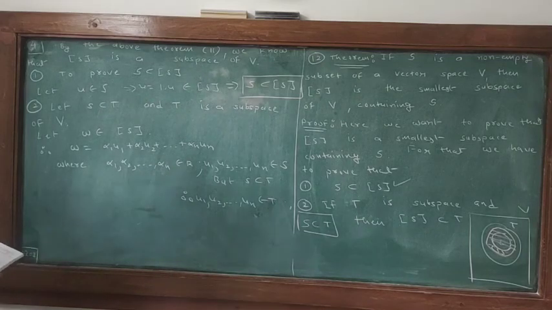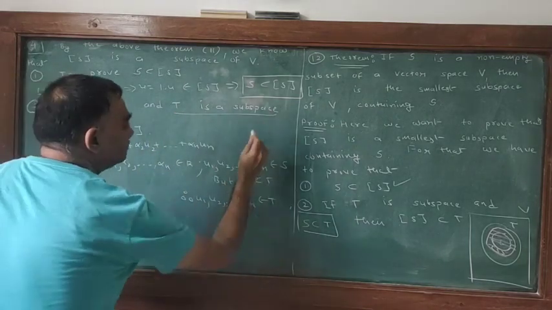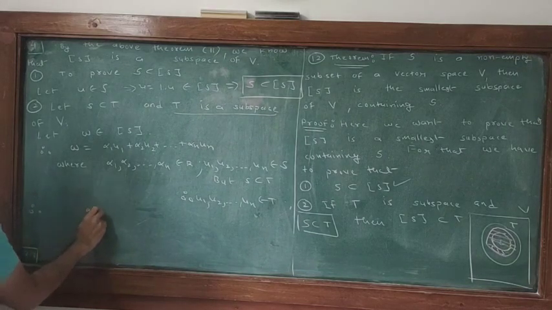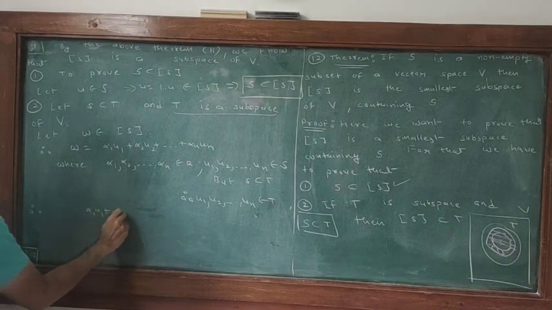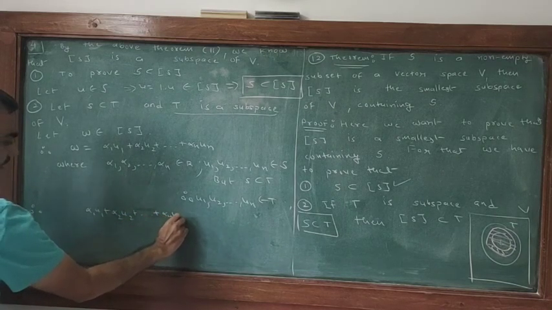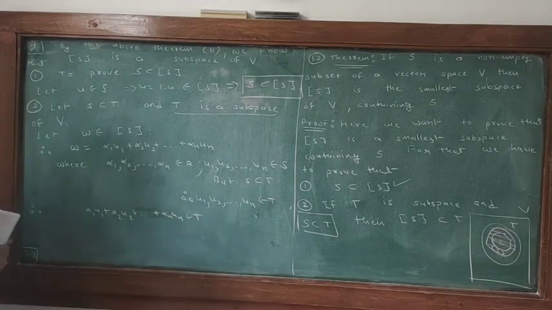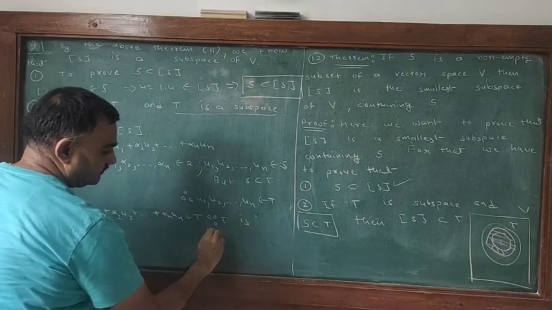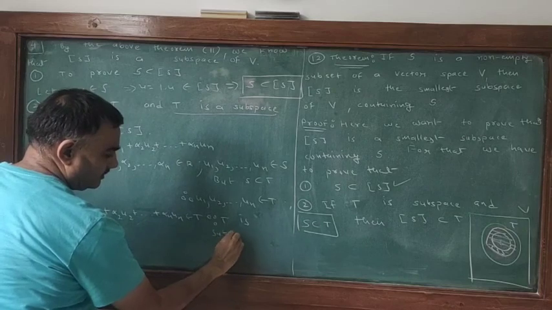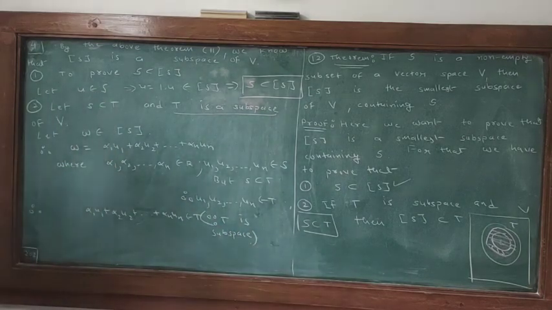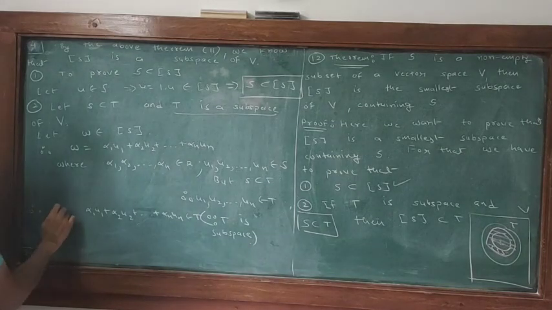But T is a subspace. Therefore, alpha 1 u1 plus alpha 2 u2 plus up to alpha n un belongs to T because T is a subspace, and this is w.